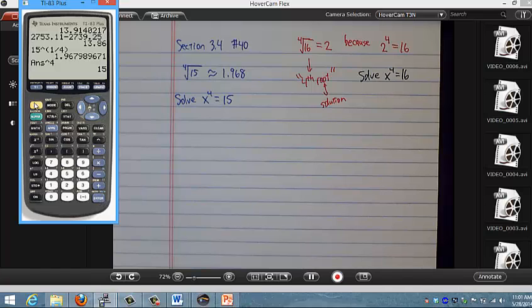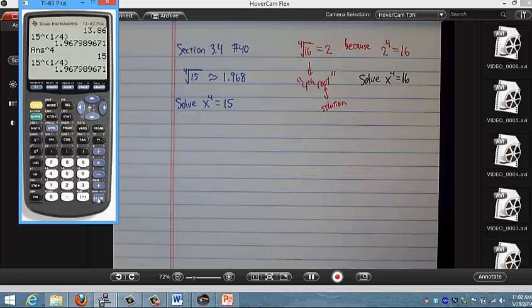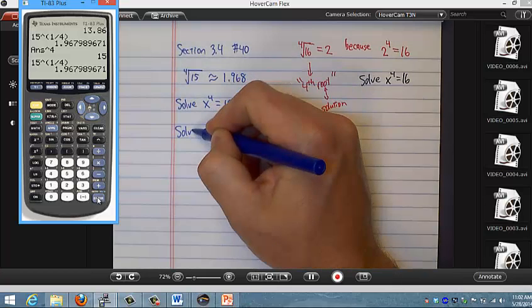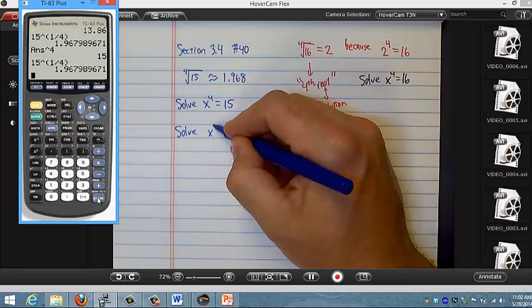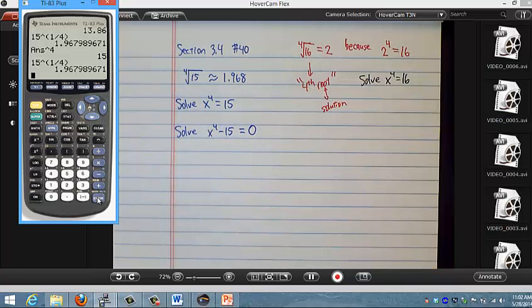That makes sense to you guys, right? So that's what we mean by the 4th root. And so you might say, well, how do you compute the 4th root of 15 using linear approximation? Well, another way to say solve x to the 4th equals 15 is this. Solve x to the 4th minus 15 equals 0. Right?